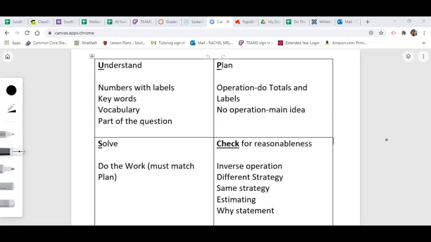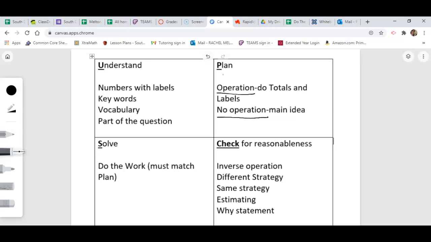So after they understand what they need to do, the next part is to make their plan. Okay. And so for the plan, there are 2 things you're going to look at, okay? Because as we know in math, it's not always an operation. Most of the time, there's an operation.